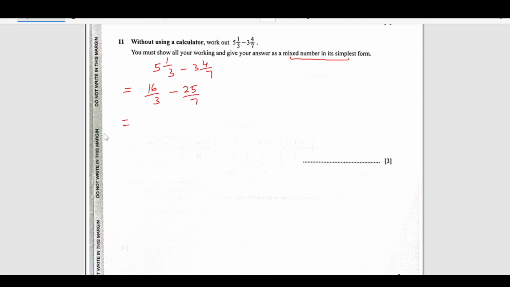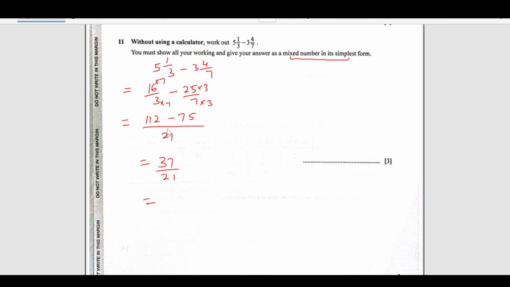So now the LCM is 21. So then we are going to multiply here by 7 and here by 3 to make the denominator the same. So 16 times 7 is 112 minus 75, which gives us 37 over 21.